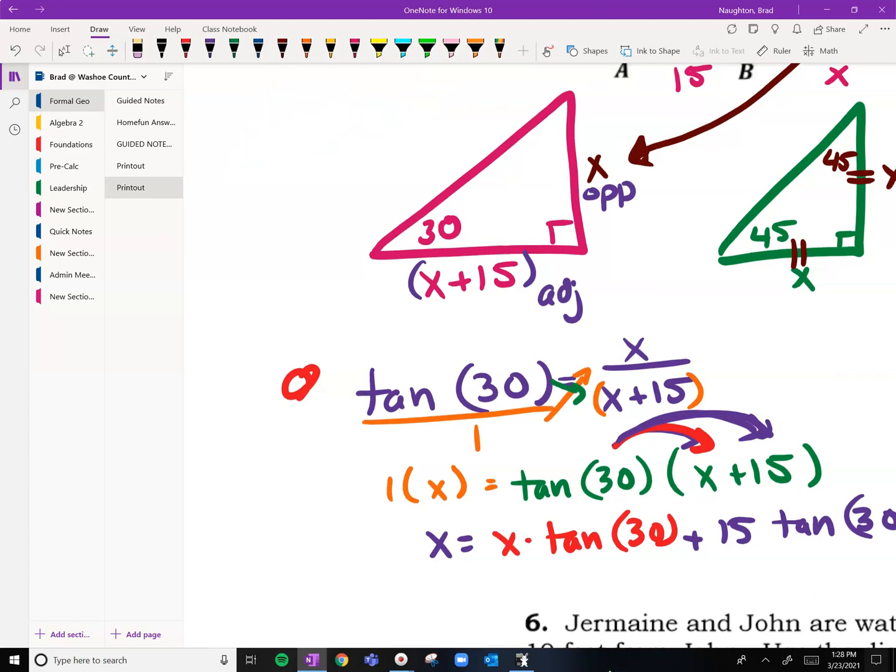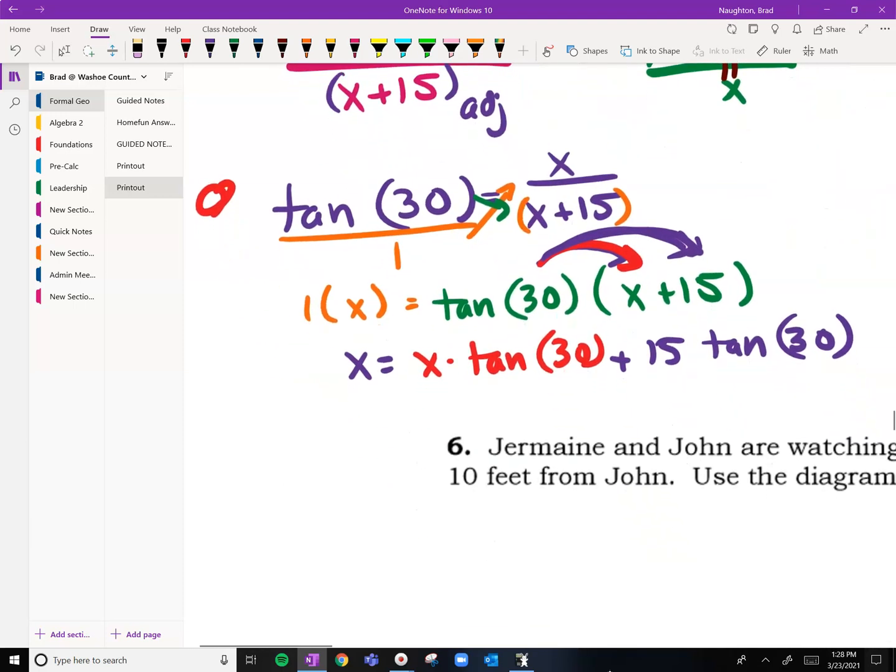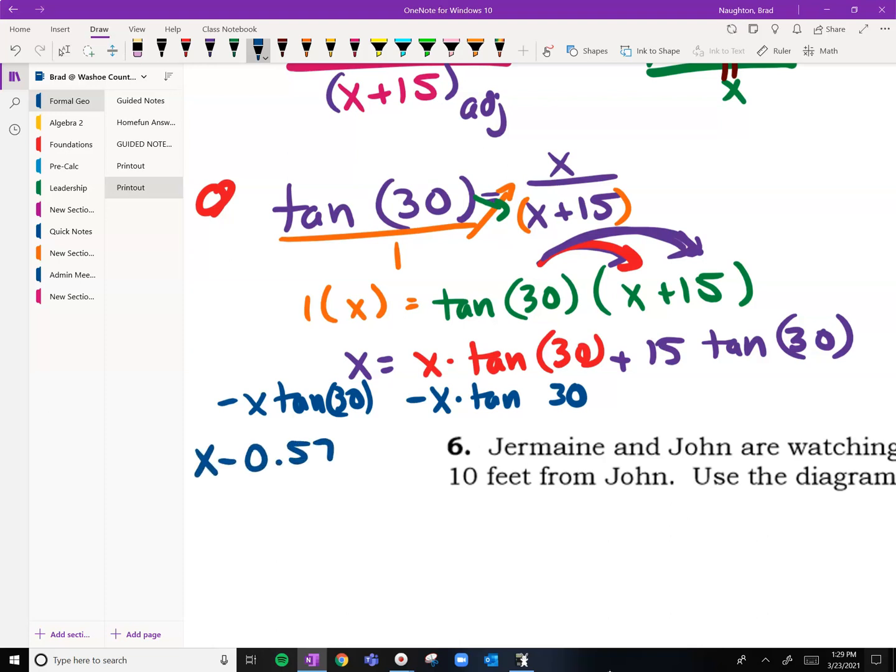Well, we're going to do the exact same thing down here. I'm going to put all my x's together. So minus x times the tangent of 30 from both sides. So over here, this is going to be x minus 0.577x, because that's what tangent of 30 is.